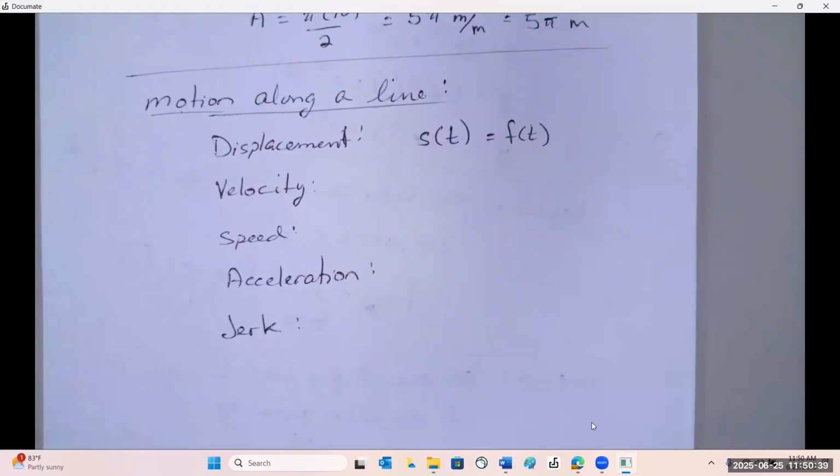How far something's moving from point A to point B. What is velocity? Okay, but we haven't talked about speed. So what is speed? You can't use it unless it's been defined.